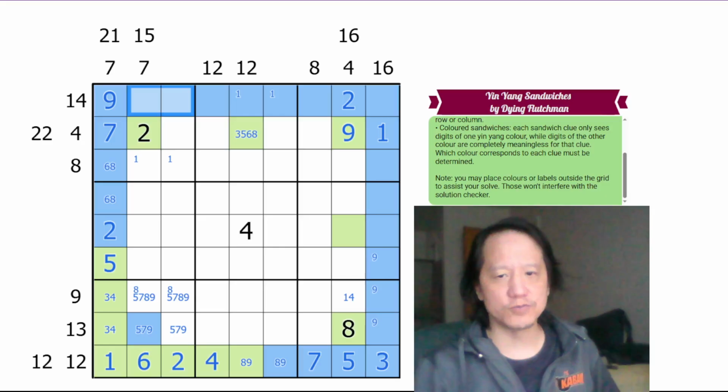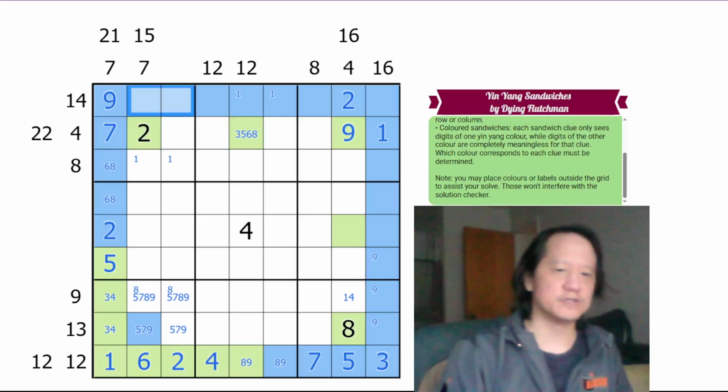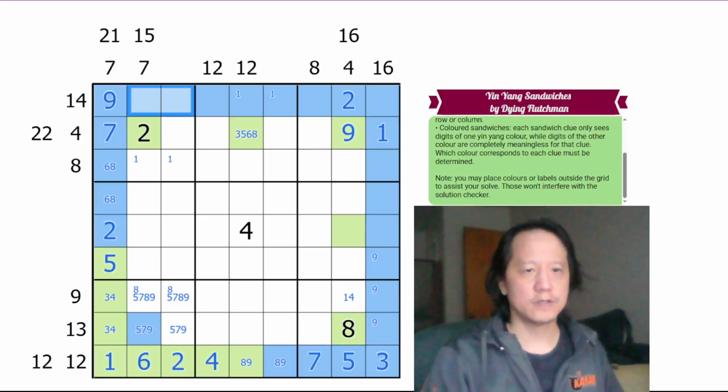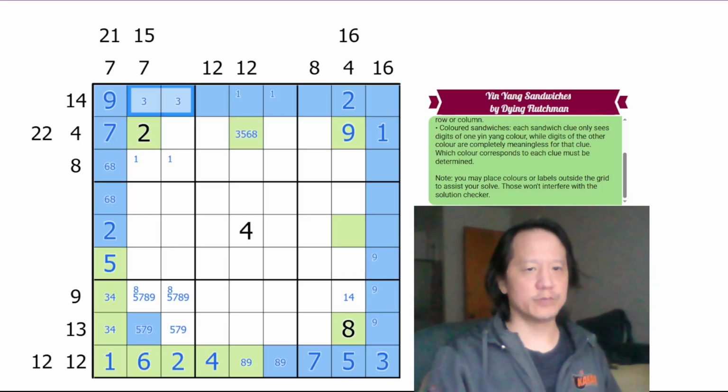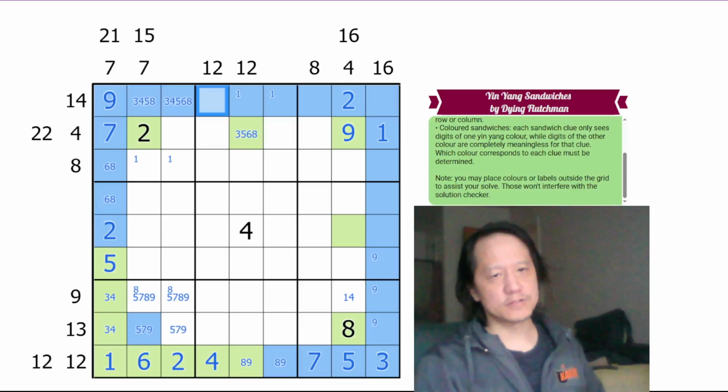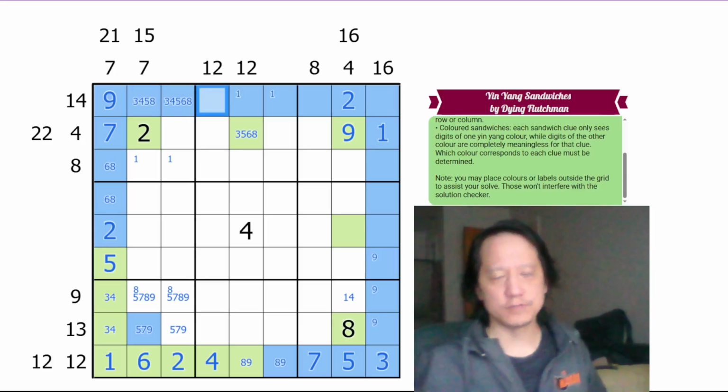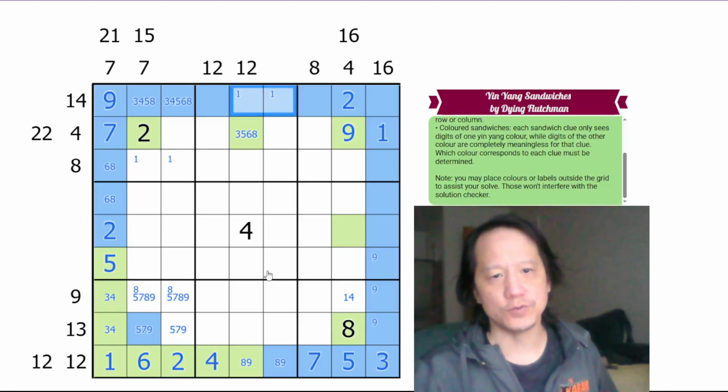Remaining digits in this box specifically, no 1. It could be 3, 4, 5, 6, or 8, but 6 cannot be here because of 6 in the column. So this adds up to 14. So 1 is guaranteed to be one of these two.